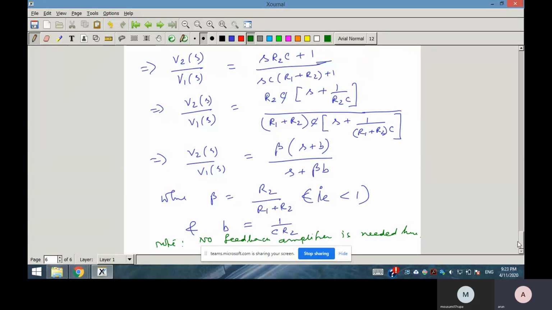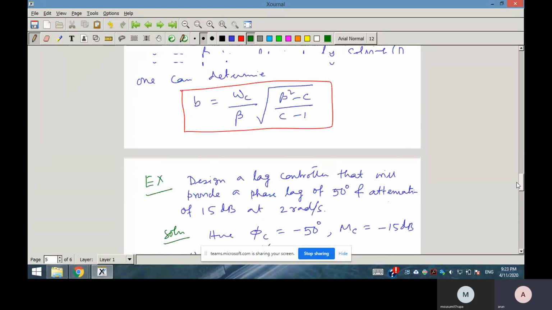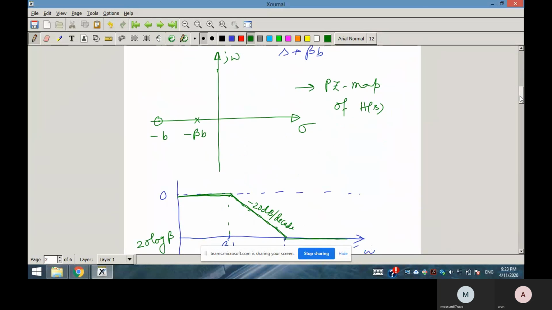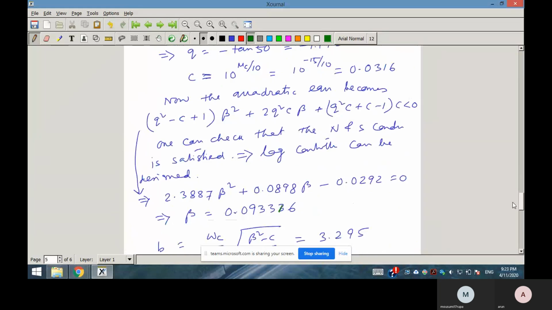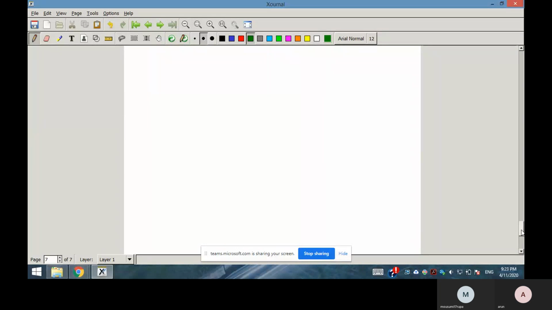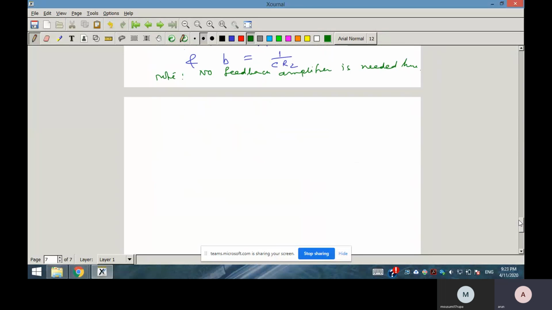I will give an introduction of lead lag and lag lead controllers. So first of all, the question is whether lag lead or lead lag, which one we have to use.